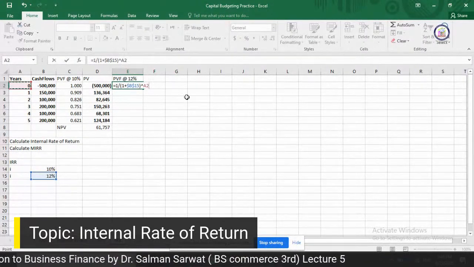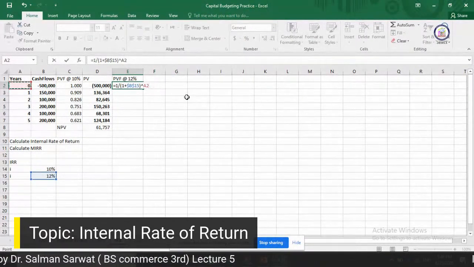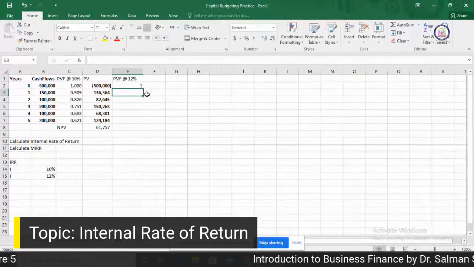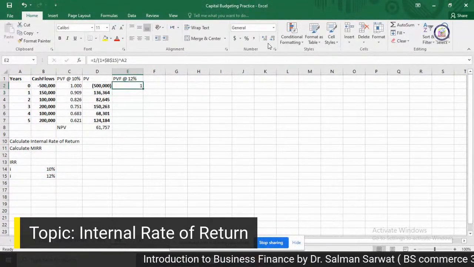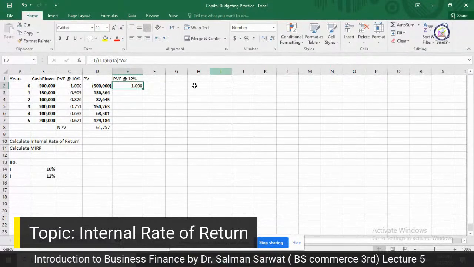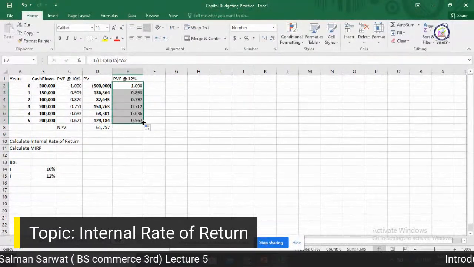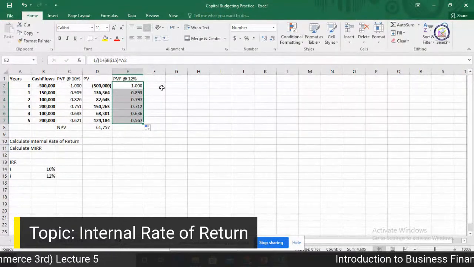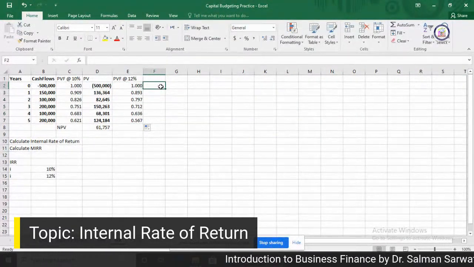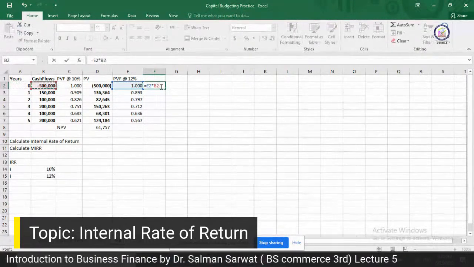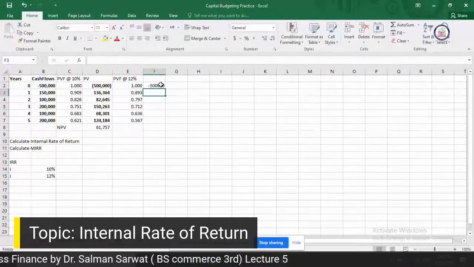N is 0 for the 0 year. Then it will keep on increasing. Okay, and when we multiply it by cash flow, we will get present value.